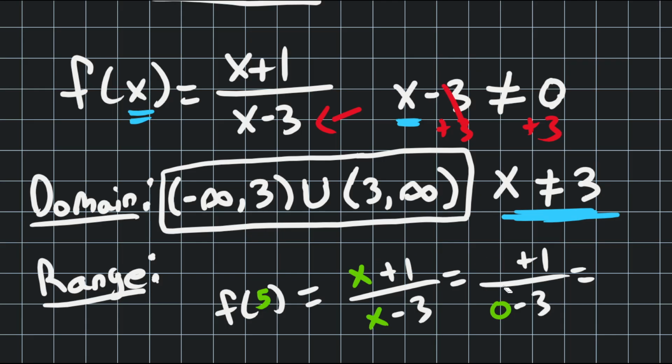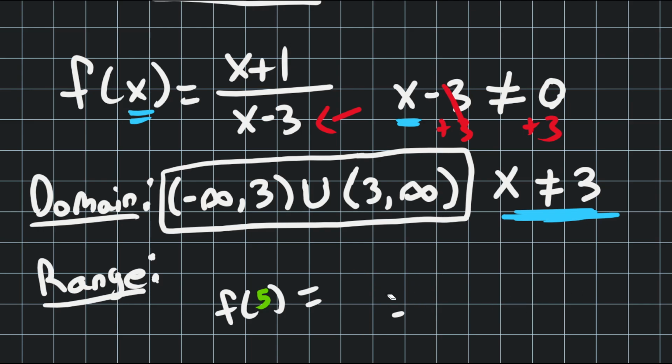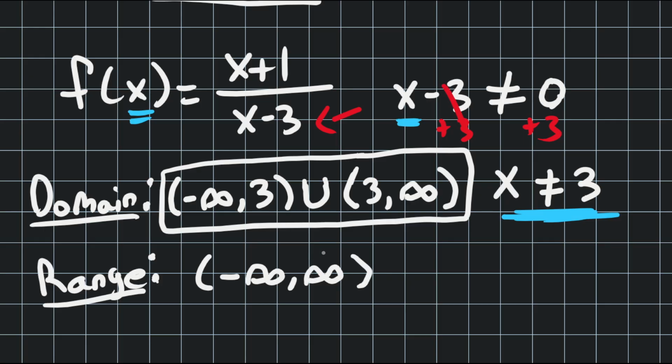So f of 5 equals 5 plus 1 over 5 minus 3. What's 5 plus 1? That's 6. Over 5 minus 3, that's 2. So 6 over 2 equals 3. So it can be positive values as well. So it looks like our range can actually include all real numbers. And how do we represent all real numbers using interval notation? That is simply negative infinity to positive infinity. And there we go.